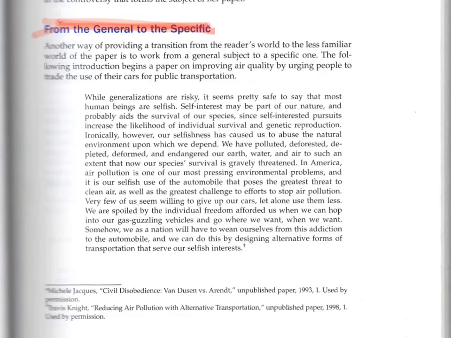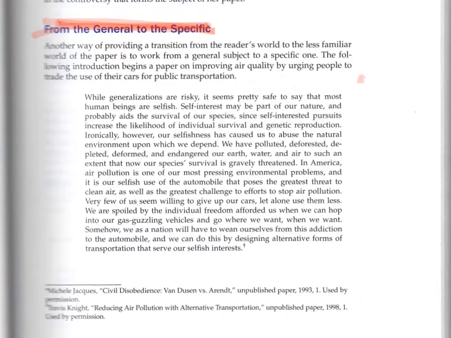The next category that you could use for an introduction, they call from general to specific. Some people think of it as a funnel. The top of the funnel is the very general information that your reader knows, and it takes you down to more specific interests, more specific reasons. And the specific ones are, of course, the thesis of your paper.